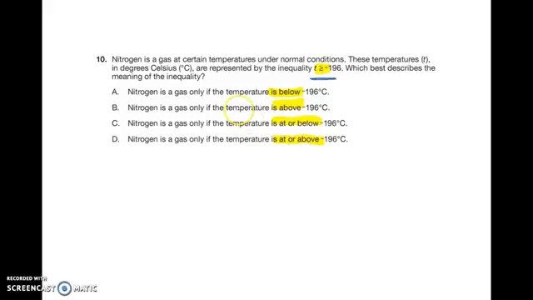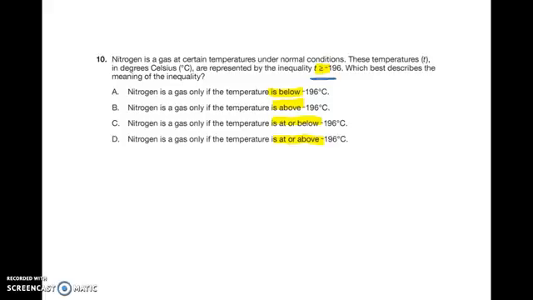So that means the temperature is bigger than that amount. Because there's that line under the inequality, that means it could be equal to it. Another way of saying that is at. It can be at that temperature, so that means the equal to.